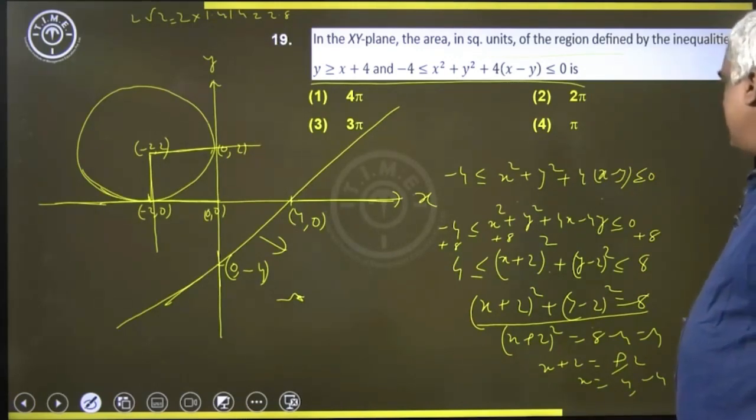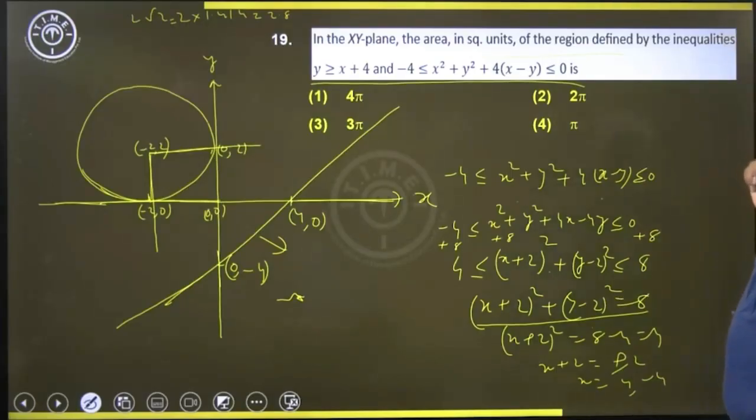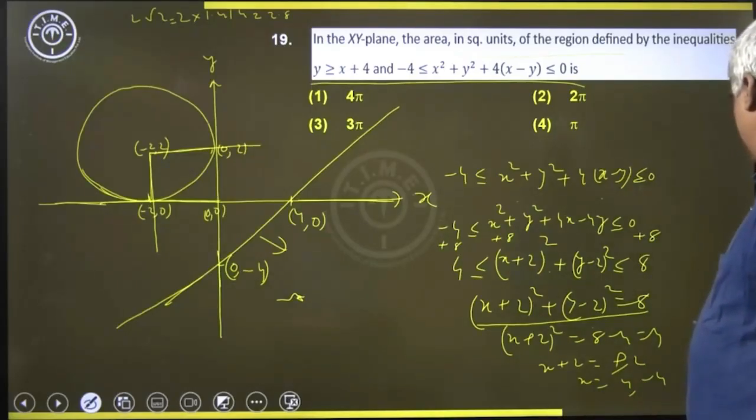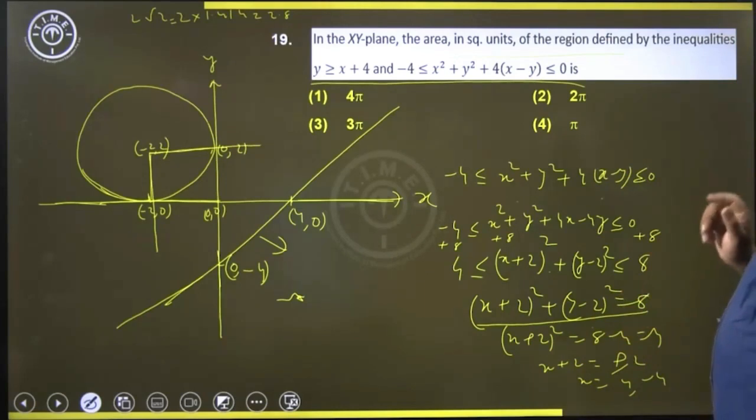So x is 4 and y is 0. I don't know where I am making the mistake.